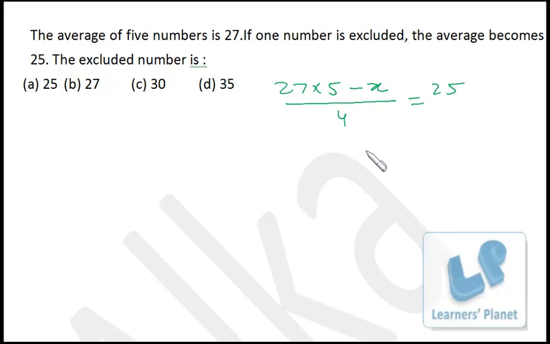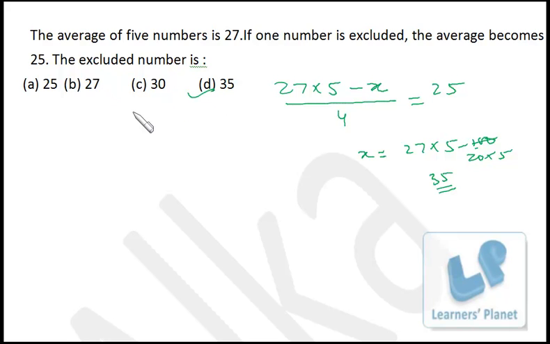So x will be 27 into 5 minus 100, or we can say 20 into 5. So 27 minus 20, that's 7 into 5, 35 is the number that was excluded.